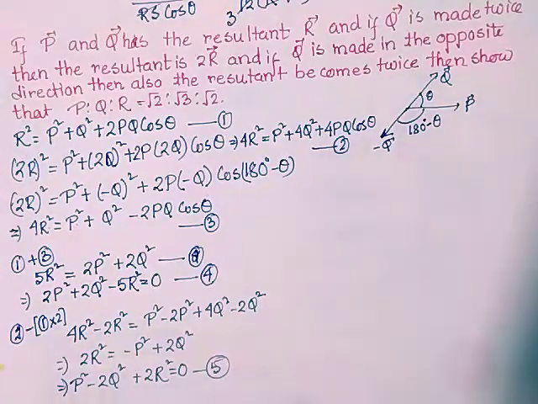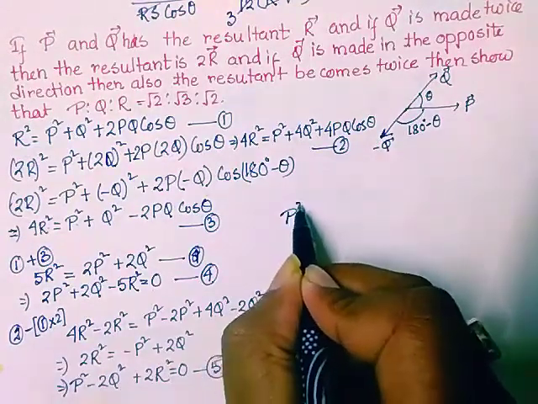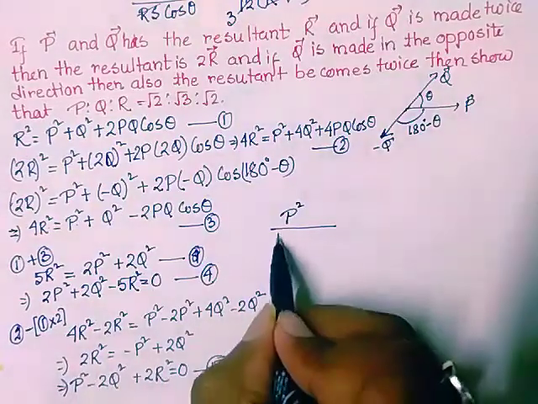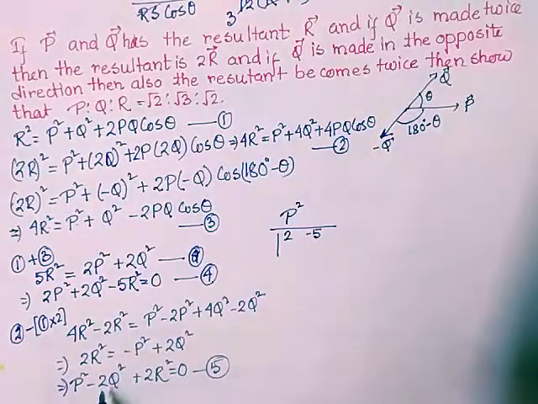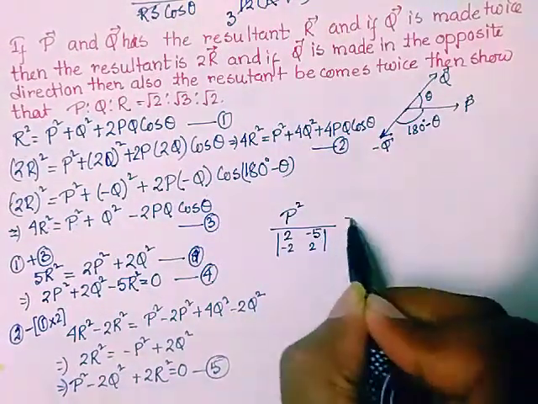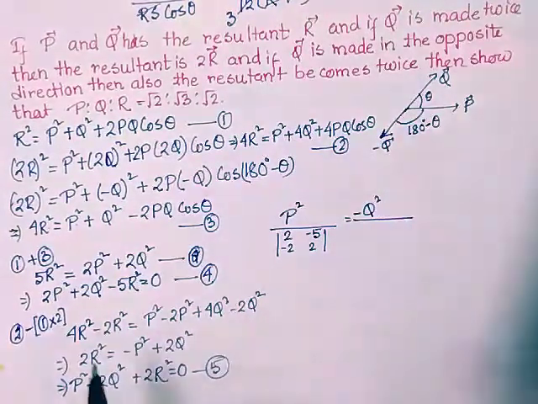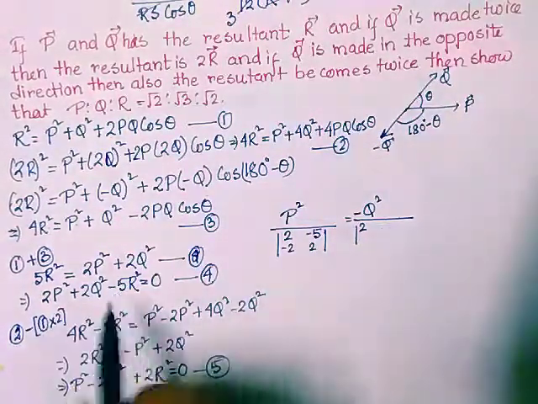then the procedure we know is the process of cross multiplication. Just like p square, in case of p square, the term is 2 minus 5, and here is minus 2 and plus 2. In case of q square, here is a negative sign. The term is 2 and minus 5.